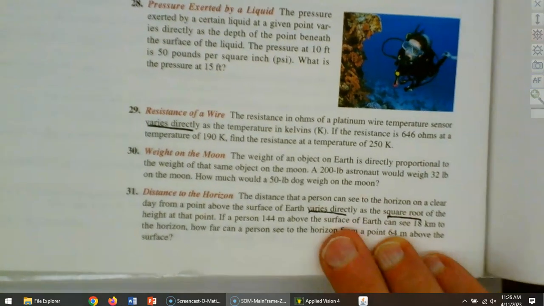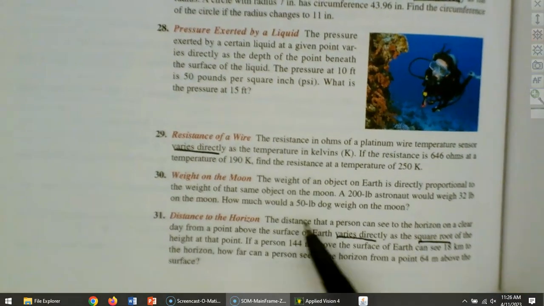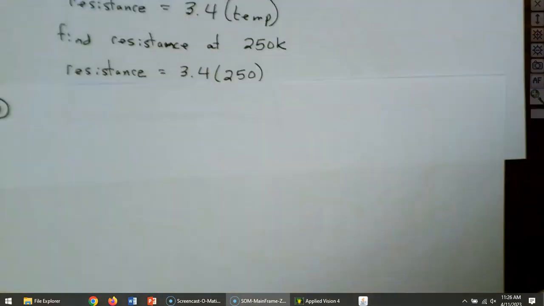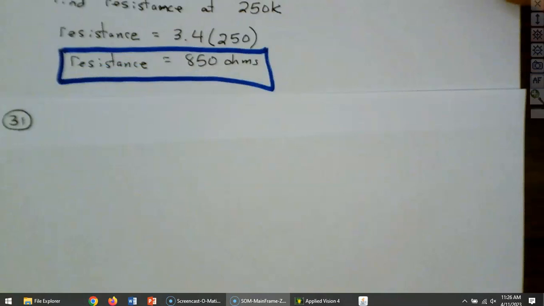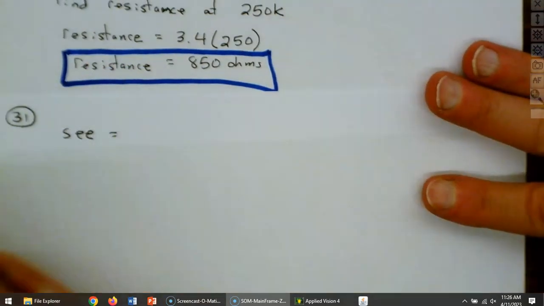Okay, very similar to what we've done before. We need to come up with our formula. What are we looking at? We're looking at how far you can see. So we'll just call that how far we can see, and we'll choose the C there.